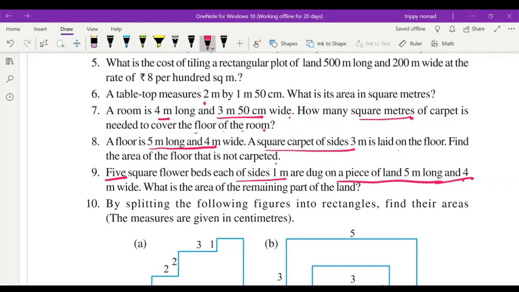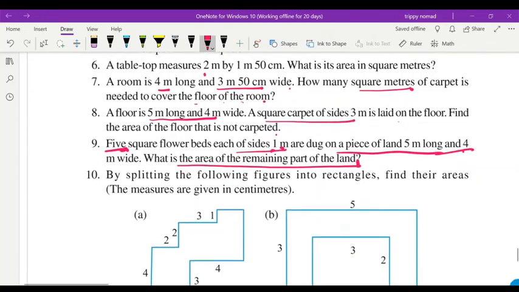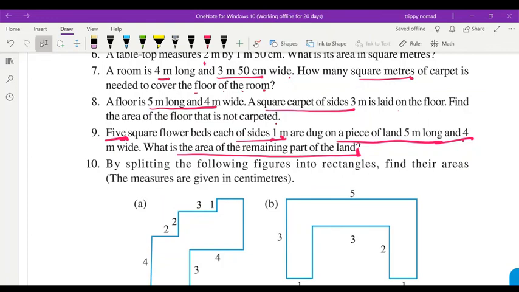So 20 minus 5, you will get the answer. What is the area of the remaining land? 20 minus 5, that is 15 square meter. First we get the area of one bed, that is 1 square meter, but they asked for 5 beds. So 5 into 1, that will be 5 square meter. After that we will subtract as we have done in the previous sum children.